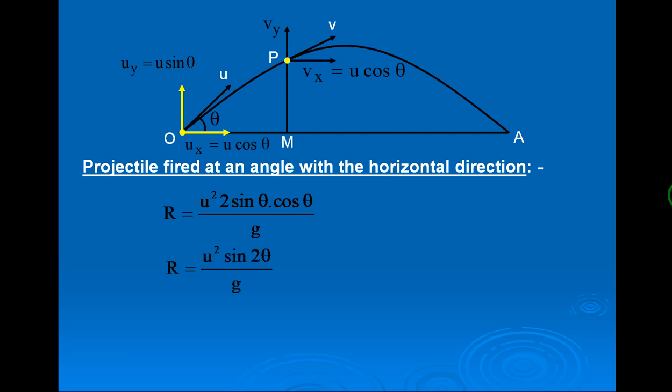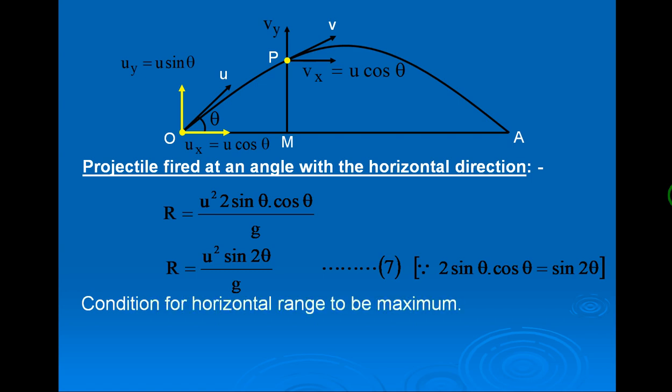Or R is equal to u square sin 2 theta upon g. Put this as equation number 7, because 2 sin theta into cos theta is equal to sin 2 theta. So this is the second formula to find the horizontal range.